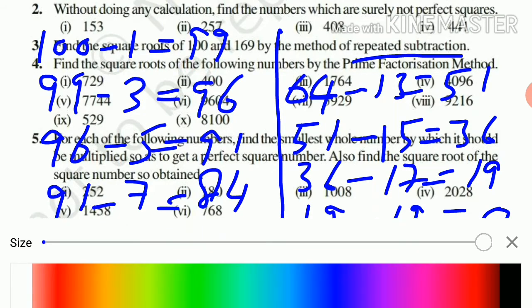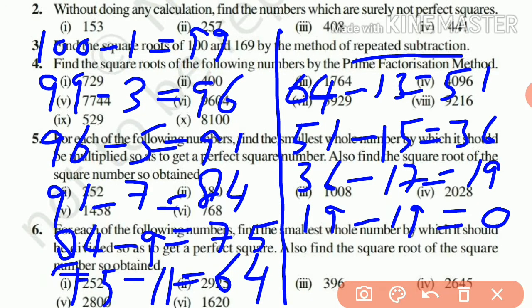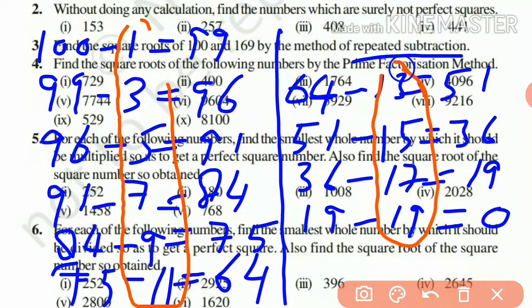So in this case we subtract the odd natural numbers starting from 1, that is 1, 3, 5, 7, 9, 11, and then 13, 15, 17, 19, and then we get 0.